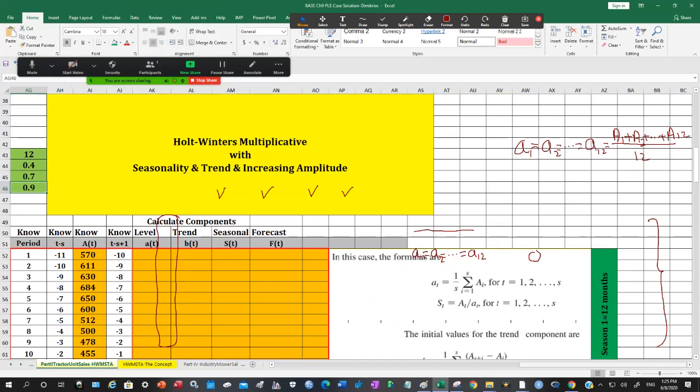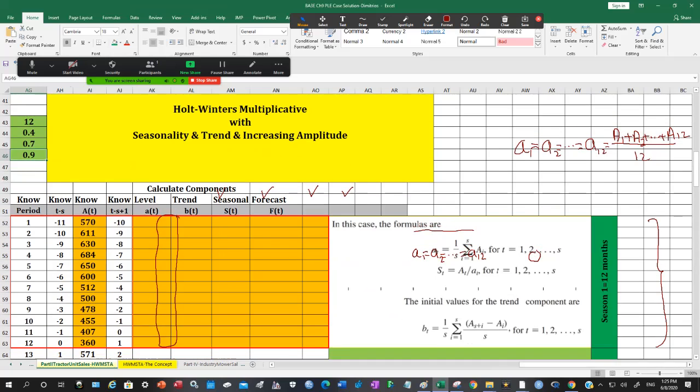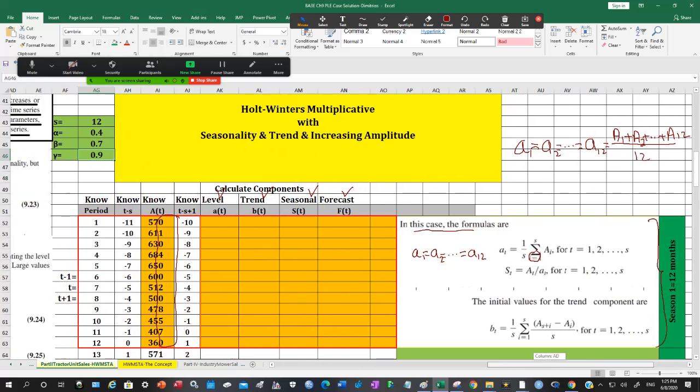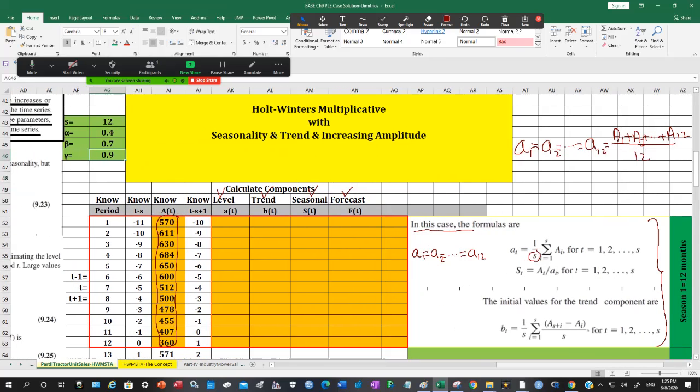So we put 538 everywhere. We initialize the level component with 538.